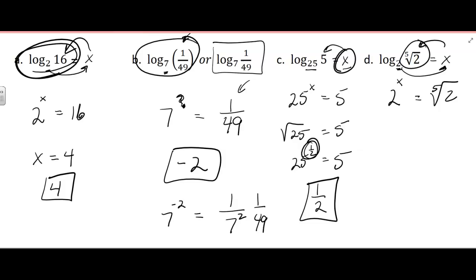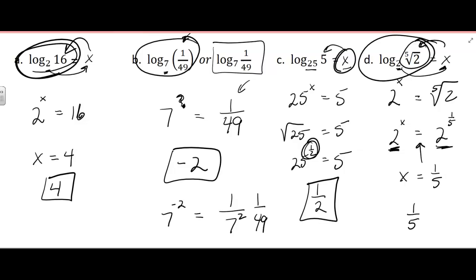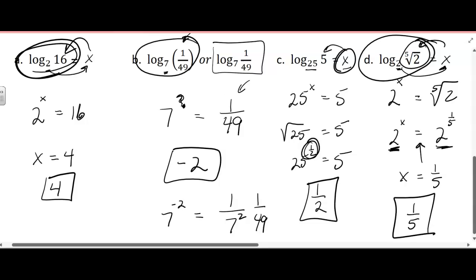Well, what's the 5th root of 2? Couldn't you write that as 2 to the 1/5 power with a rational exponent? And the answer is yes, that's why we did that, so that's important. Now, here's your base 2, right? Here's a base 2. So if these are going to be equal to each other, doesn't x have to be 1/5? So that means this whole expression evaluates to be 1/5. Okay? So that's a little bit of practice. We'll do more later.